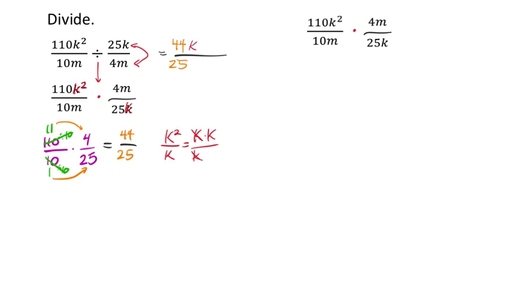K. Bam. Excuse me. Next up, we've got the m's. I've got this m in the denominator and this m in the numerator. That's m divided by m, which becomes a phantom 1. We just don't need to show that 1 in there. So fully simplified, this is what we get.